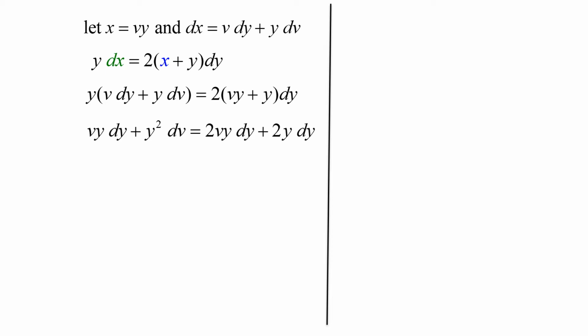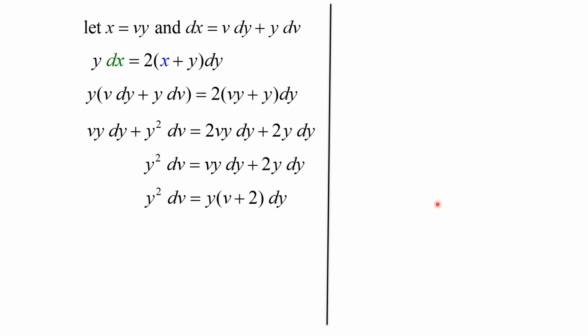Now we want to work on separating our variables. So we're going to move all of the terms that have dy to the right-hand side. So we're going to subtract vy dy from both sides. And so 2vy dy is going to become just vy dy. So we have y squared dv equals vy dy plus 2y dy. On the right-hand side, we can factor out a y dy.